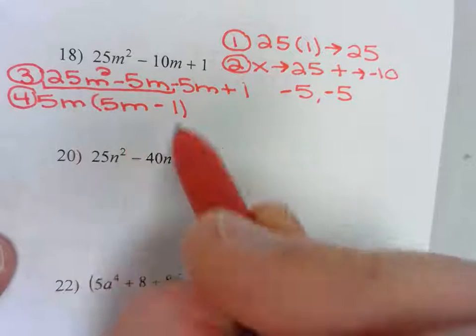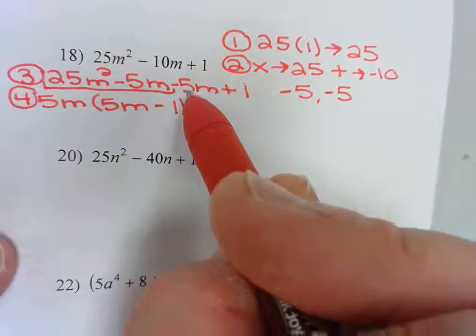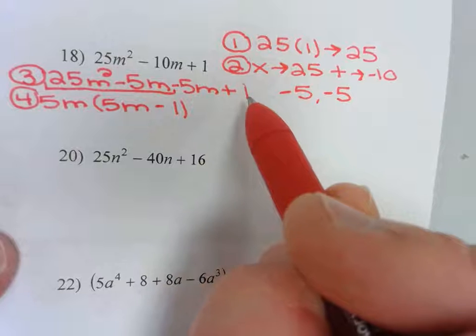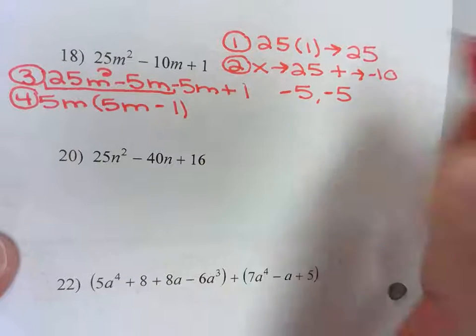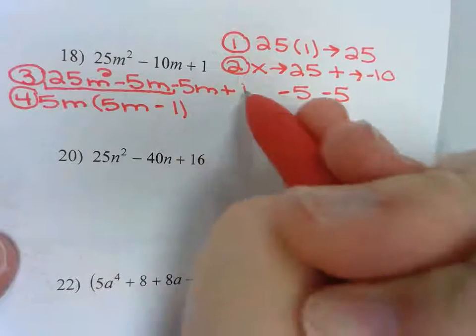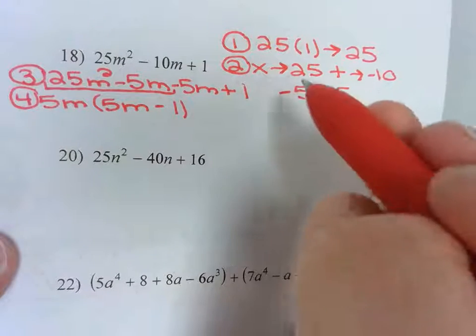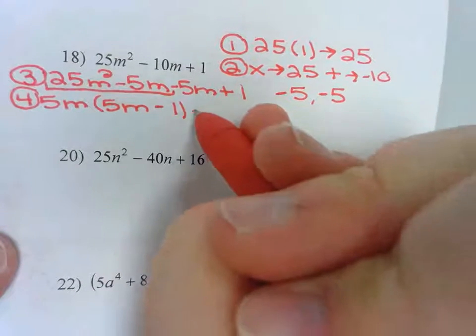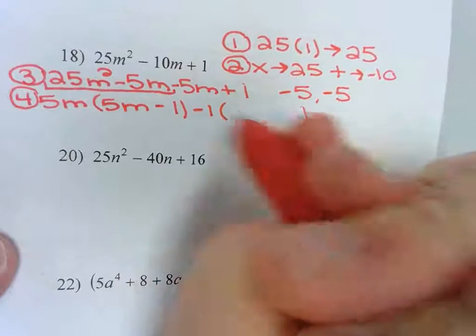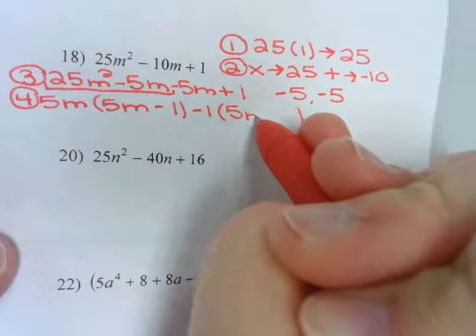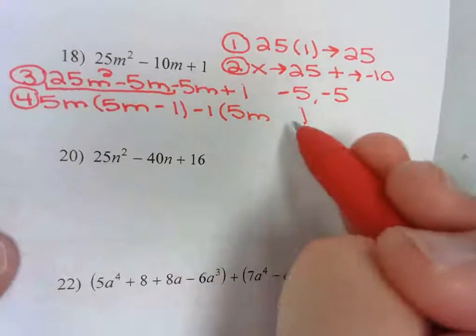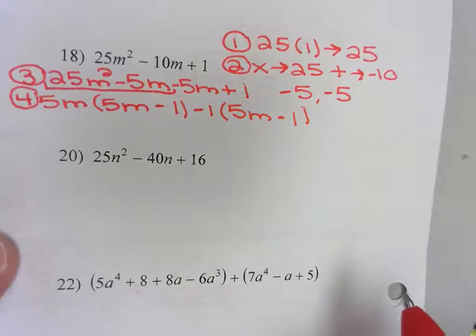Anytime I do grouping, I need the parentheses to be the same. So what do I factor out of negative 5m plus 1 to make it a 5m minus 1? What do I factor out to change the signs? Negative 1. So if I factor out a negative 1 times 5m gives me a negative 5m. Negative 1 times a negative 1 gives me a positive 1.